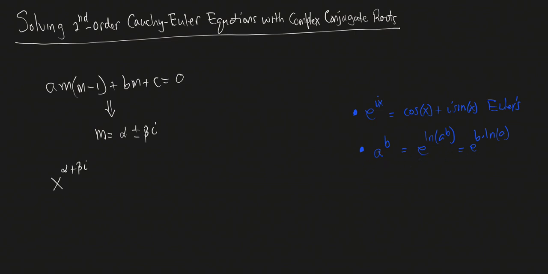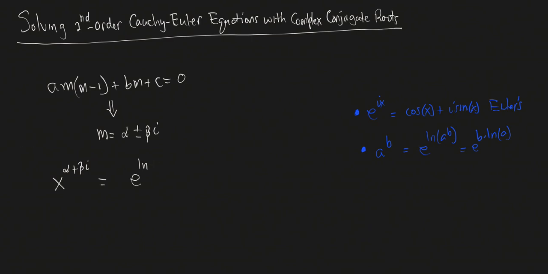So let's first apply this to this expression. Let's change this to base e. So if I do this, then I'll end up with e, and then it will be to the ln of the whole quantity x to the alpha plus beta i, like that.